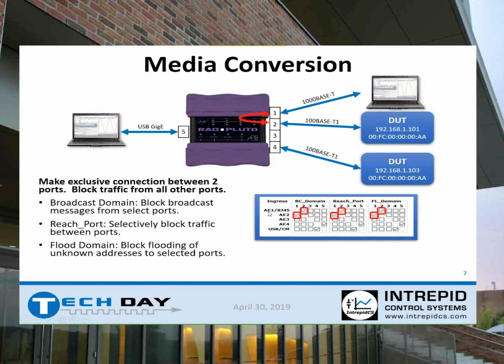This says anything ingressing on Automotive Ethernet 1 or the RJ45 port can egress out 2. Everything else is excluded. And conversely, anything ingressing on port 2 can egress on port 1. And you can do this on all three of these settings.